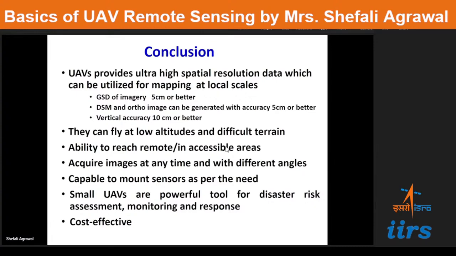To process and store those data sets, you need effective systems. Specialized software is also required to process this data. A few software packages are available as open source with certain limitations, but commercially off-the-shelf software is also there which you can utilize to process these drone data sets.